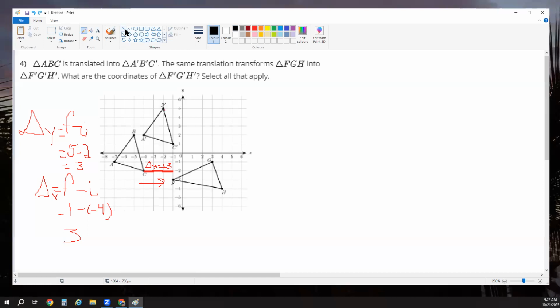So we do this. No, I want to do this. Okay. F, G, H. Initial points are (-1, 3), (3, -1), and (4, -5).